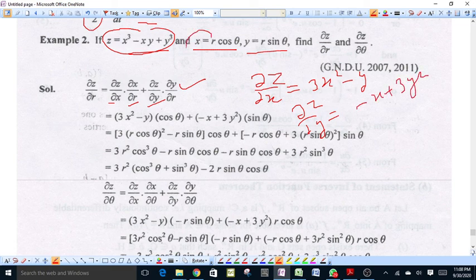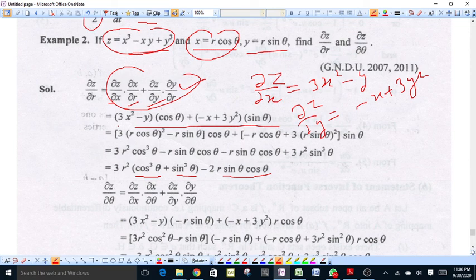Similarly curly x upon curly r will be equal to cos theta, and curly y upon curly r is equal to sin theta. By putting all these values in this expression, after simplification we get 3r square into cos cube theta plus sin cube theta, minus 2r sin theta cos theta.